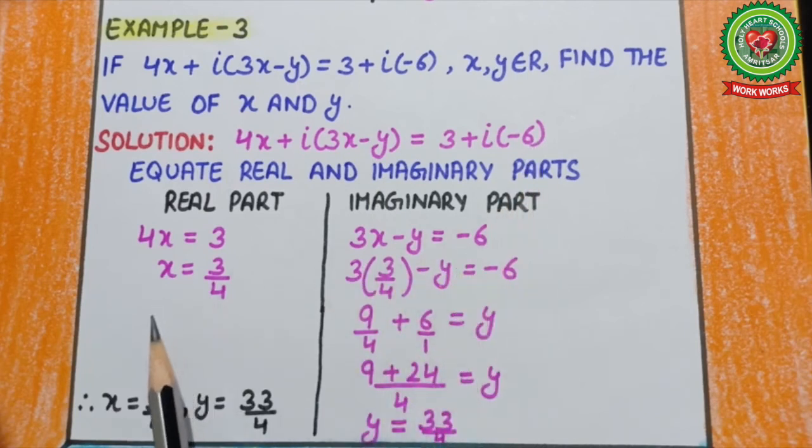So from real part, value of x is equals to 3 upon 4. Now fill the value of x equals to 3 upon 4 in that side. Then after solving this value of y is equals to 33 upon 4. Therefore, x is equals to 3 upon 4 and y equals to 33 upon 4.